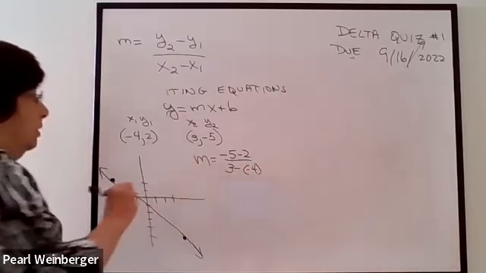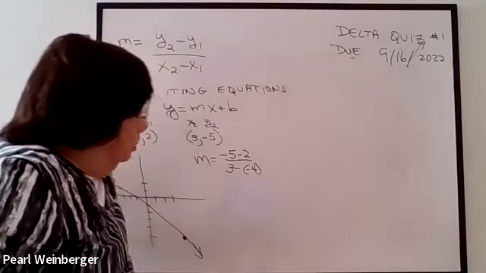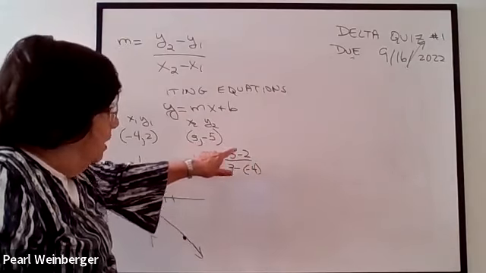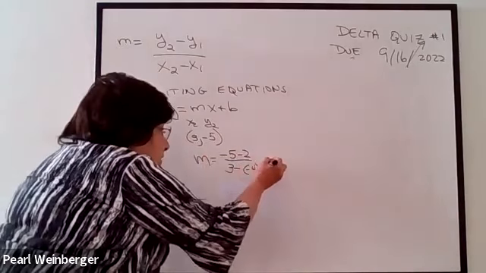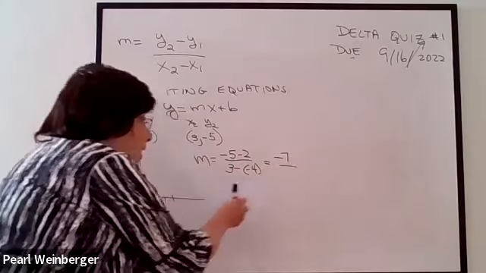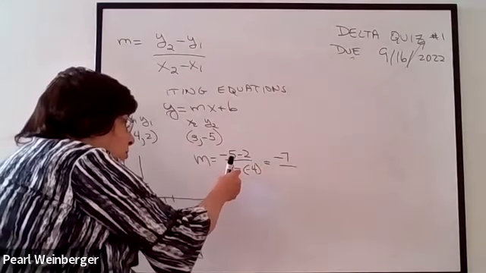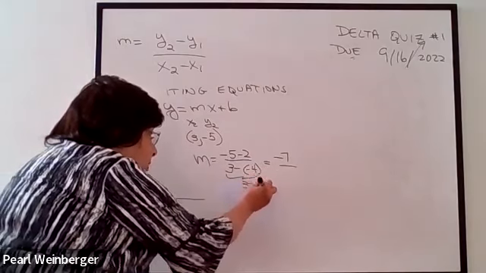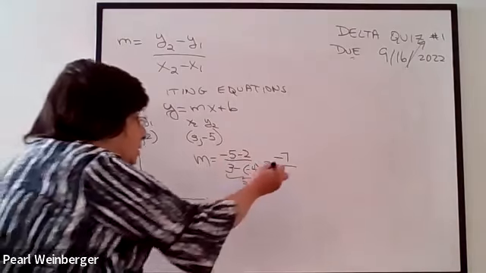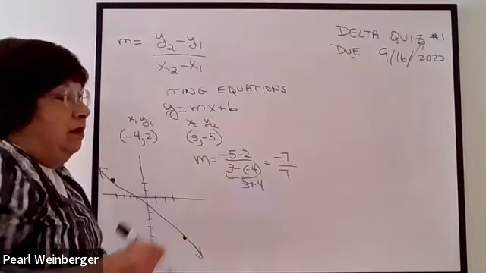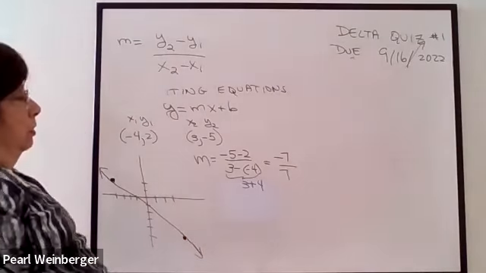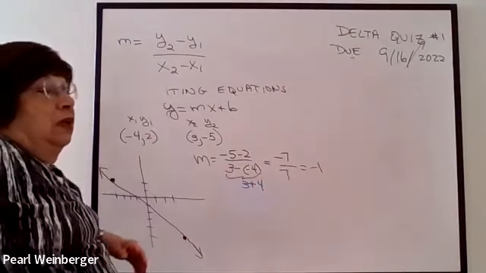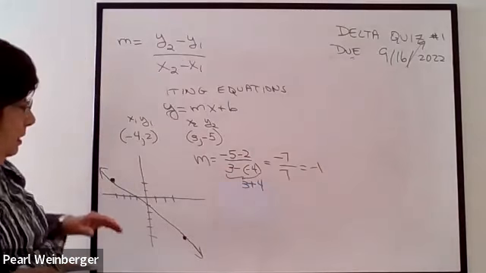Remember, here's where we have to be careful because you have 2 minus signs. In the top, we have -5 minus 2, which gives us -7. And in the bottom, this becomes 3 plus 4, because the minus and the minus become a plus. So I end up with -7 over 7, which reduces to -1.